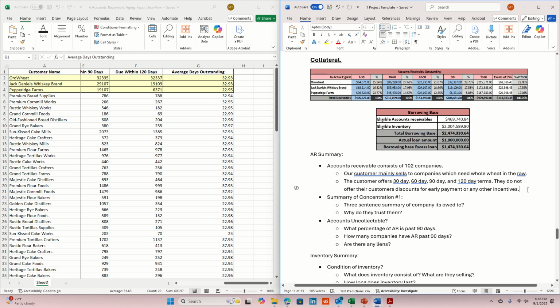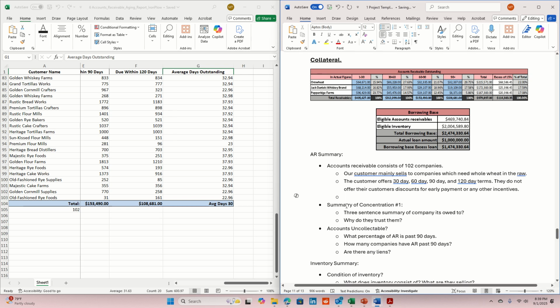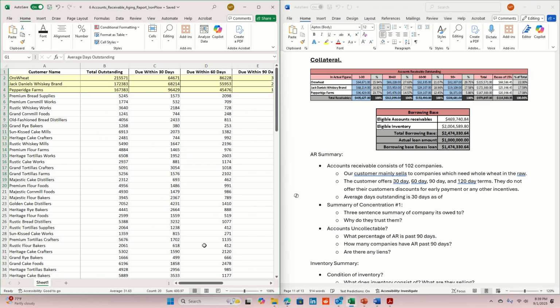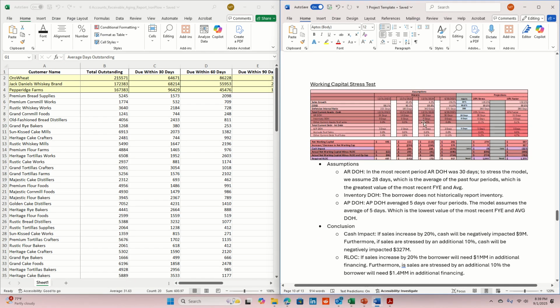And I also want y'all to think about adding a comment or taking a comment out. A good comment to add right here is, well, the average days outstanding is 30 days as of, and this accounts receivable report coincides with, if we go to our working capital chart, and if you guys haven't done this yet, you should probably do this before you do the accounts receivable homework.